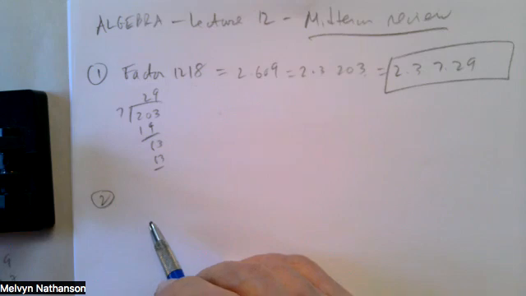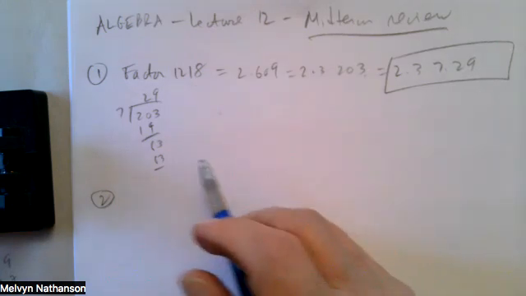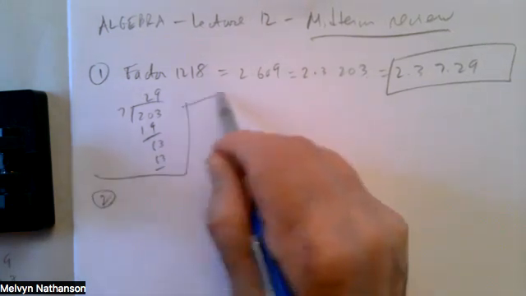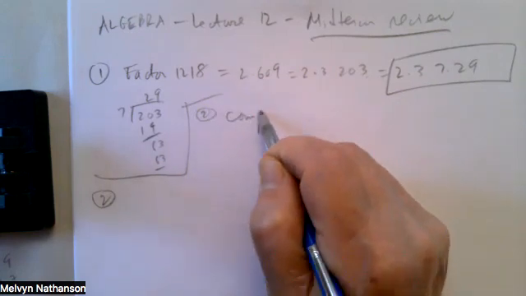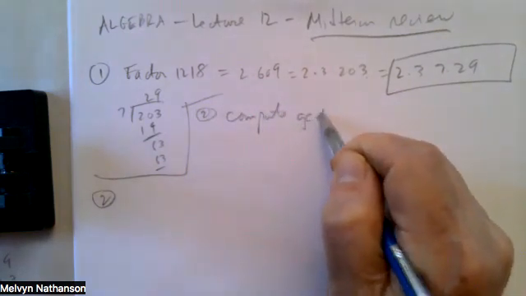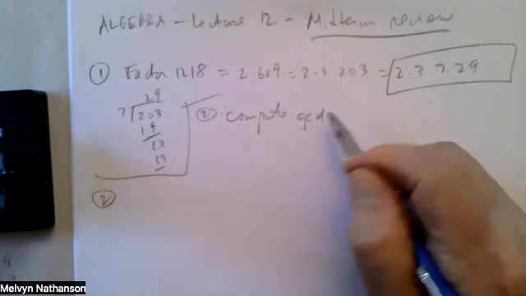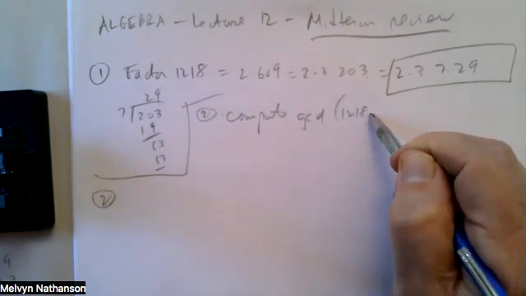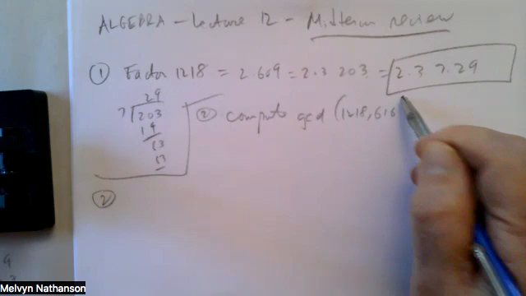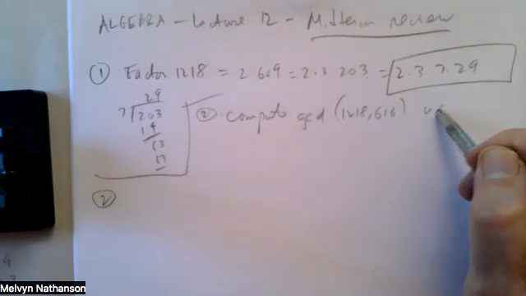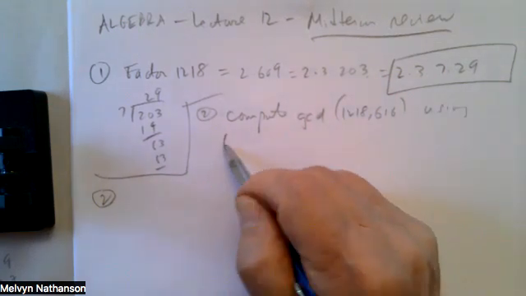Problem 2 is to compute the greatest common divisor, the GCD, of 1218 and 616 using the Euclidean algorithm.